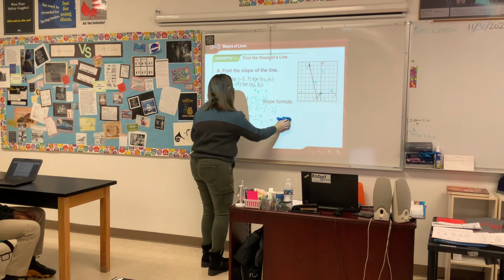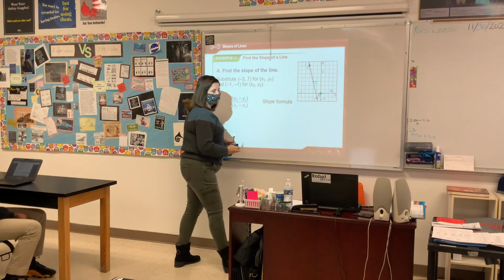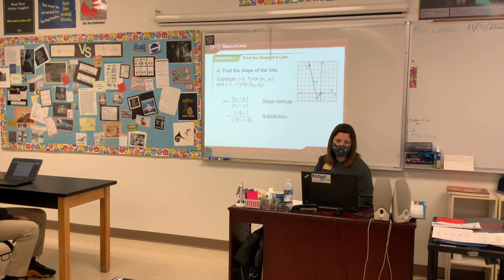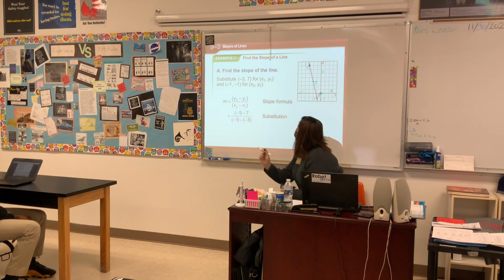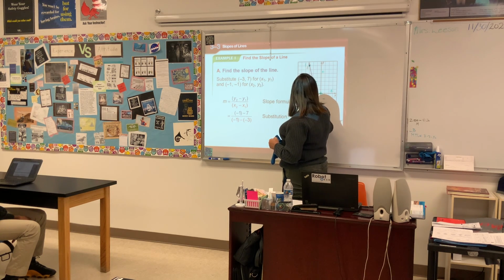Okay, and so that's what they show us. We use the slope formula. We plug stuff in. They chose some different points. So they chose here for x1 -3 plus 7, which is this.